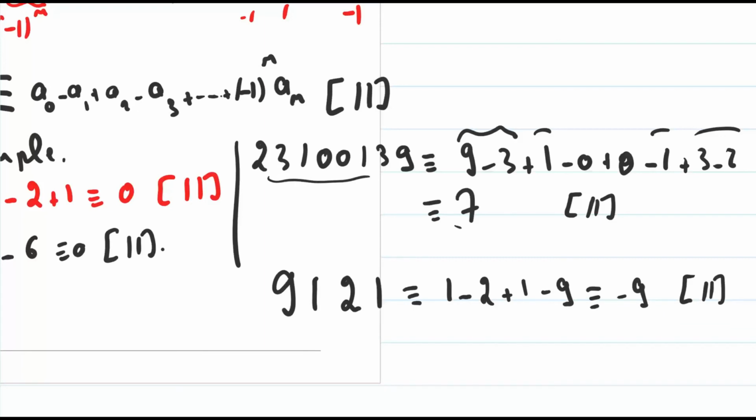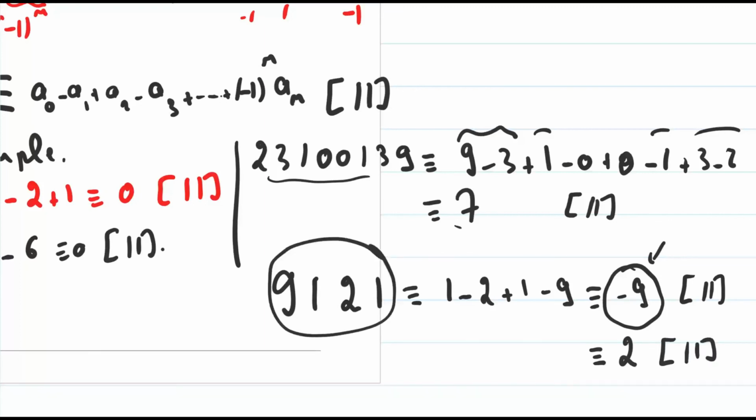So it's not 0 modulo 11. So it's not divisible by 11. And the remainder of its division by 11 is the same as the remainder of the division of this one by 11. So here I can add 11 and I get 2 modulo 11. So this number, if I divide by 11, I get a remainder of 2.